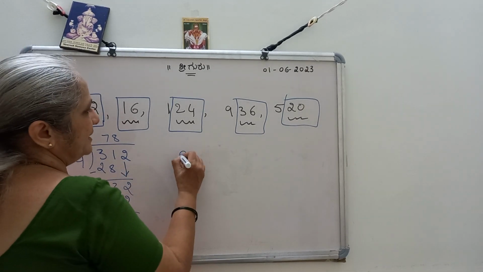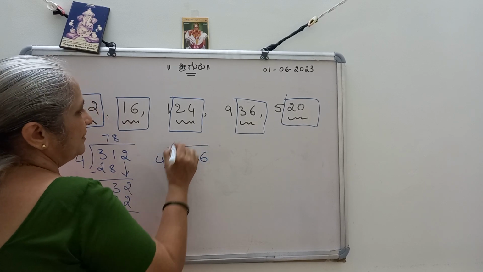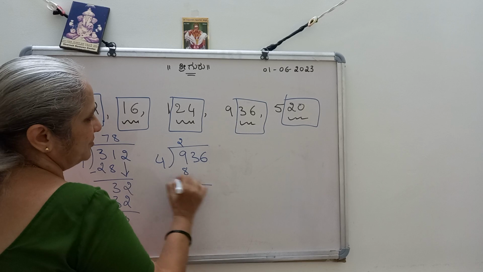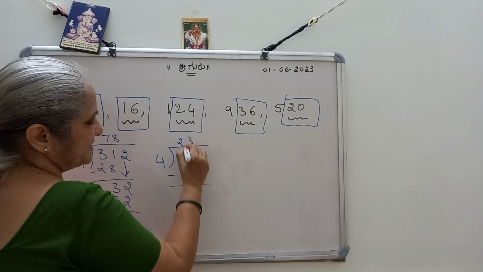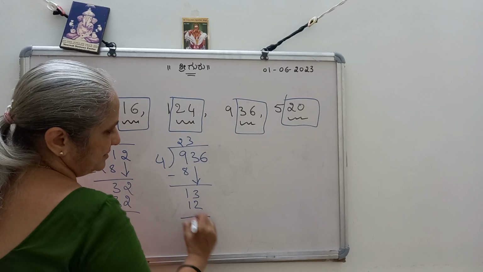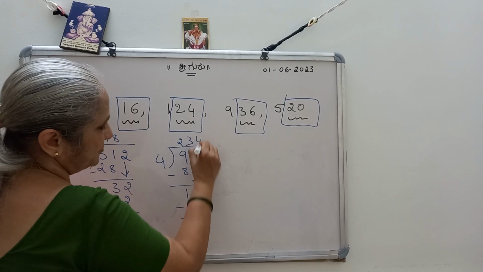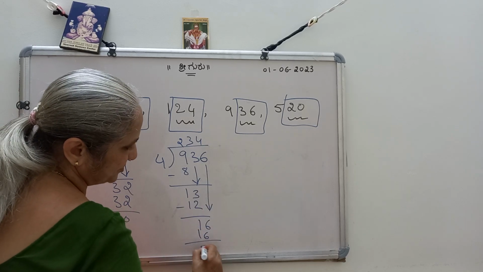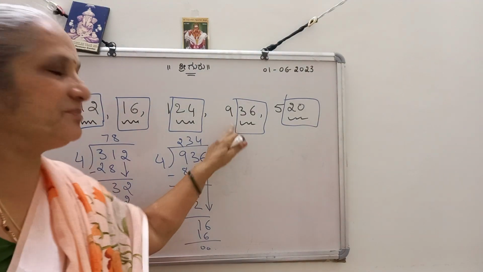What about 936? 4 twos are 8. On subtraction, we get 1. Bring down 3. 4 threes are 12. On subtraction, we get 1. Bring down 6. 4 fours are 16. So, number 936 is divisible by 4.